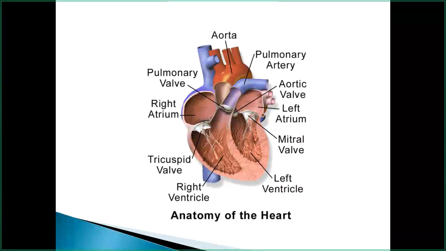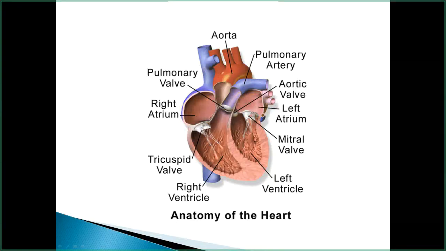This diagram shows you the heart. We're just looking at the front of the heart, kind of opened up, so we're looking at the inside. And you can see the 4 chambers that we mentioned. You have the right atrium, the right ventricle, the left atrium, and the left ventricle. Now, in between each of these chambers, you'll see these valves, okay, with the little stringy things here.